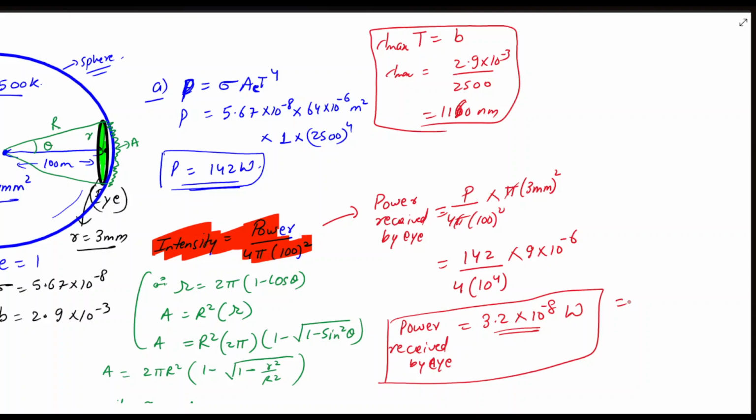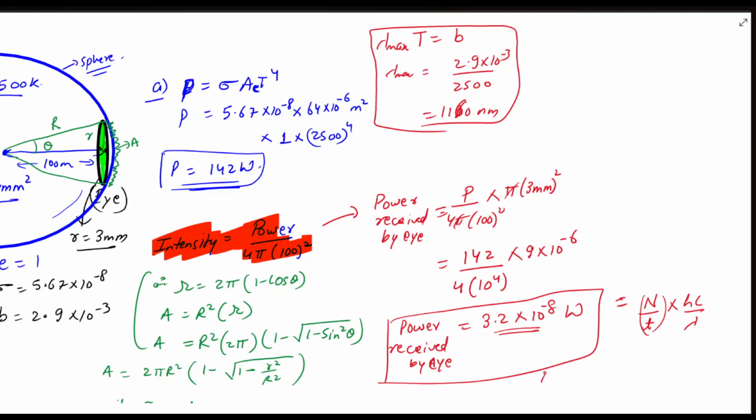So if the power is this, it will be n upon t, right? So n upon t is the number of photons received per second into the energy of one photon. Energy of one photon will be hc by lambda, right? Now lambda we have to take as 1740.